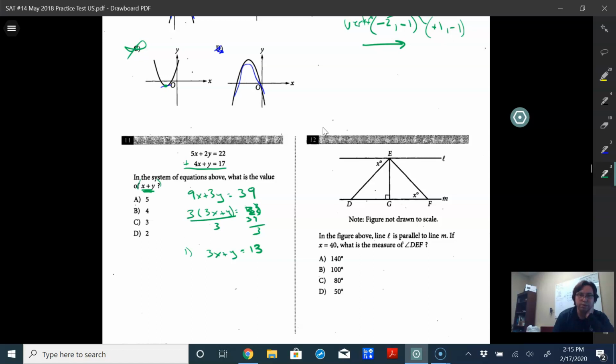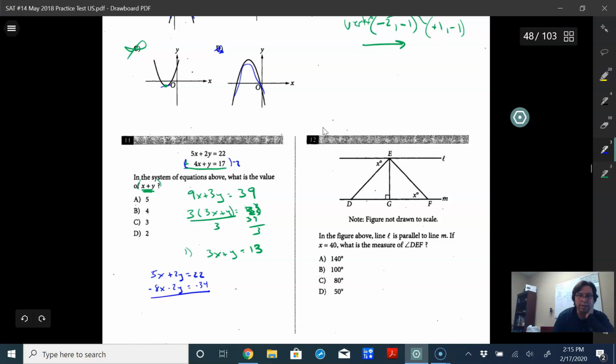So what we can do, we can eliminate the y's, and so let me try and do this. I could multiply everything by -2 and distribute, and that would then eliminate the y's. So now I have 5x plus 2y equals 22, and then I have -8x, because I got to multiply by -2, minus 2y equals -34.